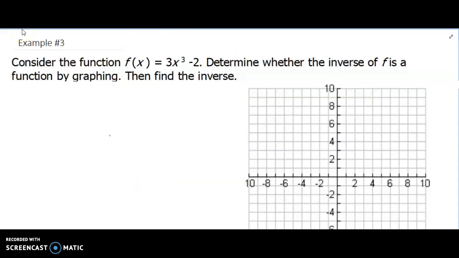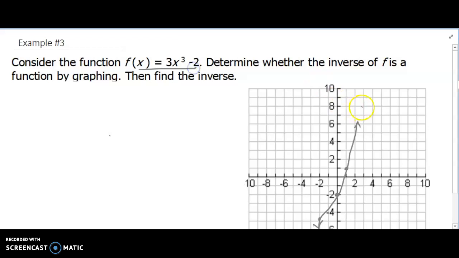All right, so we want to consider the function f of x equals 3x cubed minus 2. Okay, so if I graph this right here, it looks something like this. Okay, so this is our function.